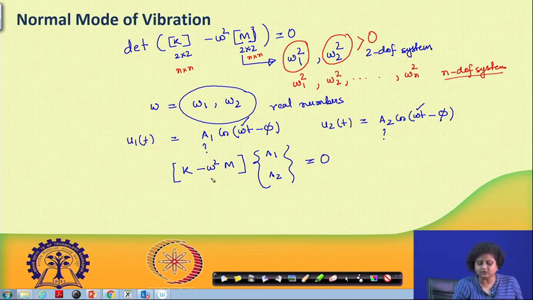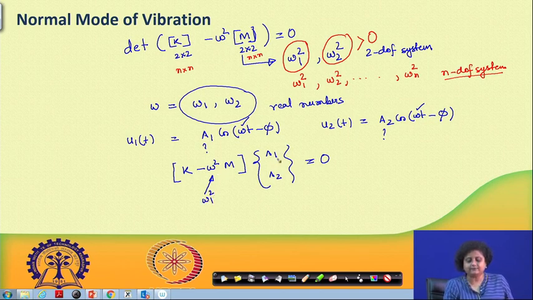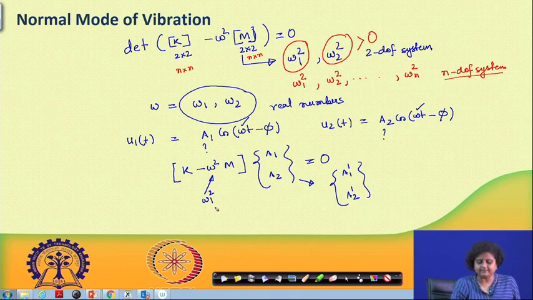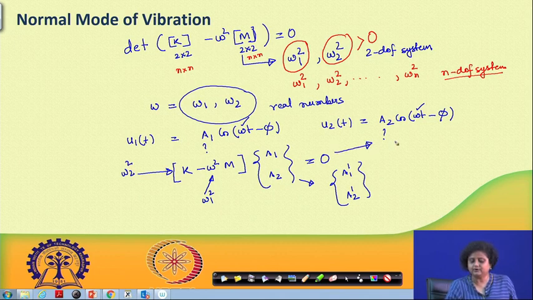I know the solution of omega, so I will plug in omega 1 square, and therefore I can solve for A1 and A2, and I will get the solution as, say, A11 and A21. Similarly, if I plug in the value of omega 2 square here, I will get another solution for A1 and A2. Let me call these A12 and A22.